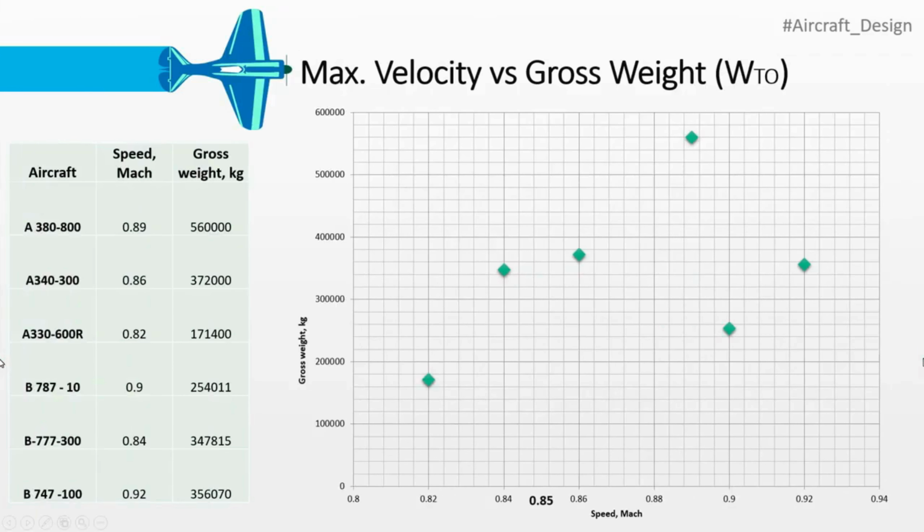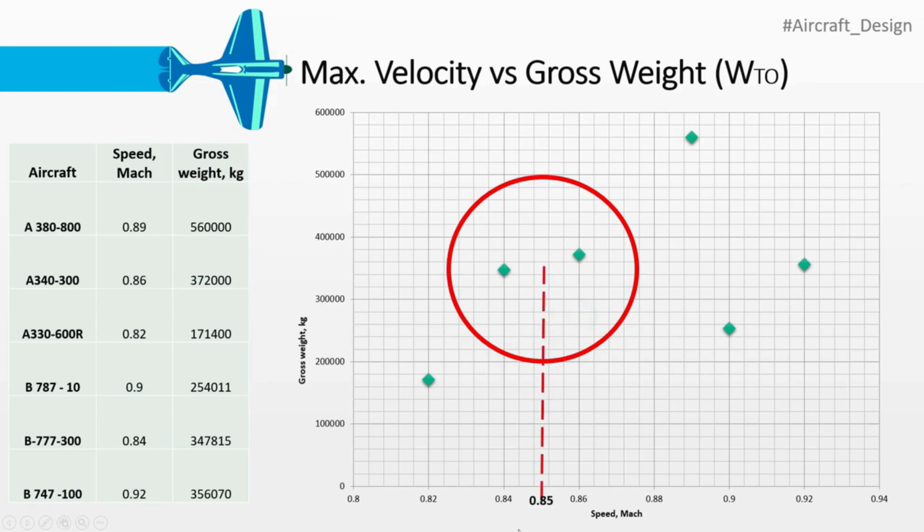Moving to the next, we are going to plot a graph between the maximum velocity versus gross weight. Again we get scattered points around the graph, and from here we draw a circle, the optimum range, located near 0.85 Mach number.